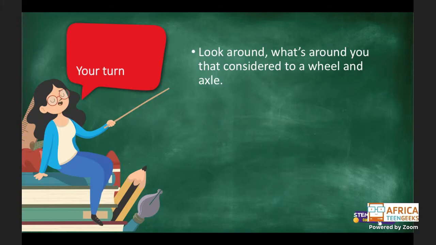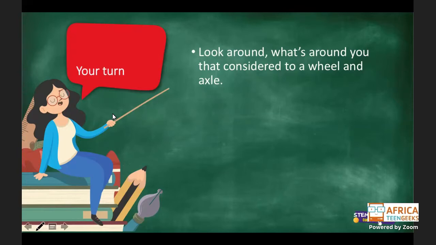More responses. Okay. Ethan says, I can see my brother's bicycles, my mom's car. Good one, Ethan. Okay, Fade, scooter. Okay, thank you so much.